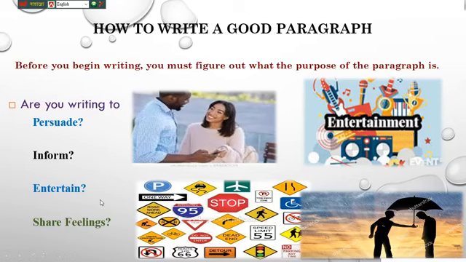And then entertain. This image describes what you are going to do if you want to entertain. And finally, the last image expresses that it shares feelings. All right, exactly.